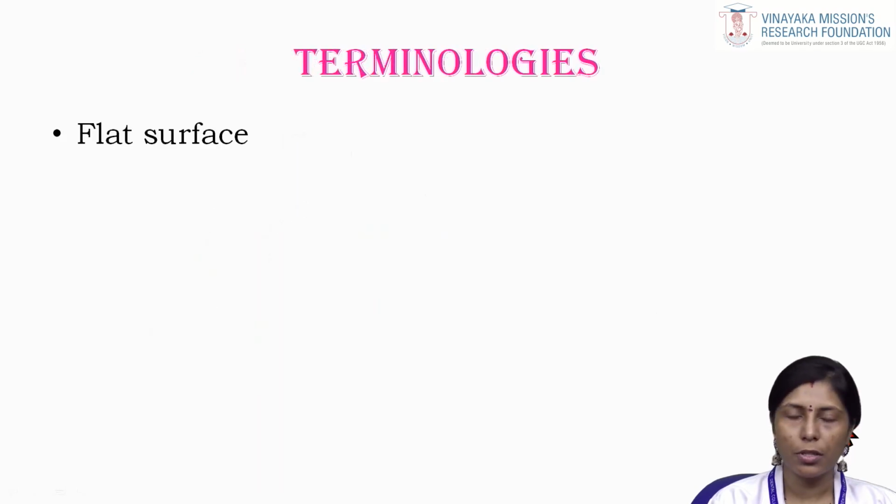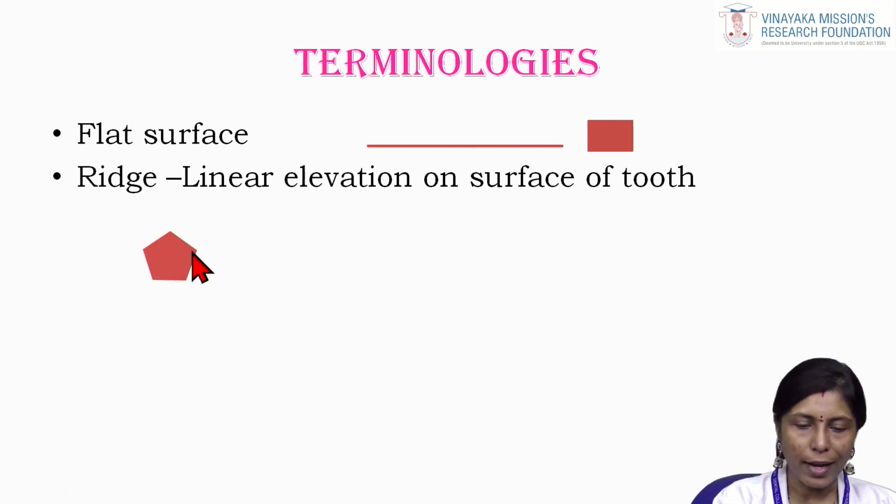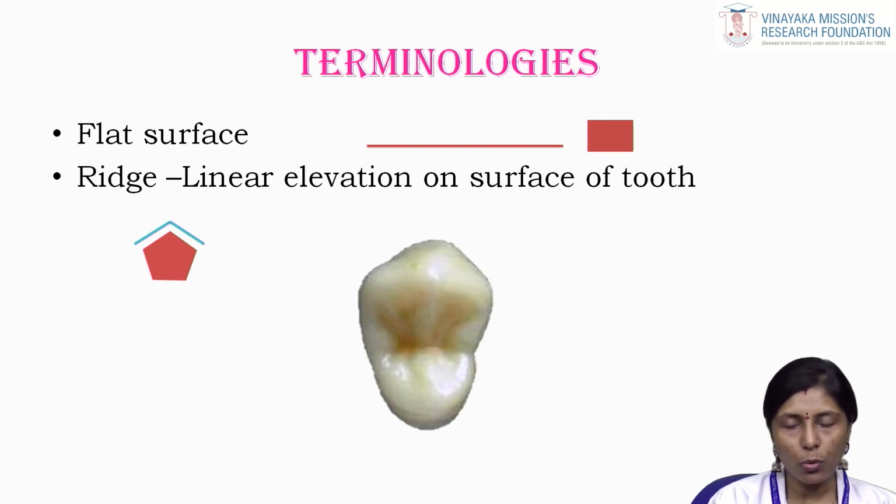Coming to terminologies. When the surface is flat, you call it a flat surface. If, instead of a flat surface, you see an elevation, and if that elevation is something like a straight line, you call it a ridge.